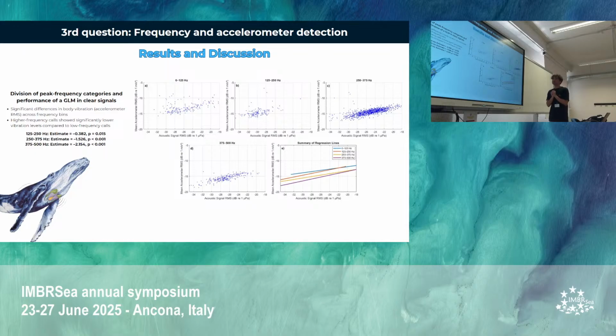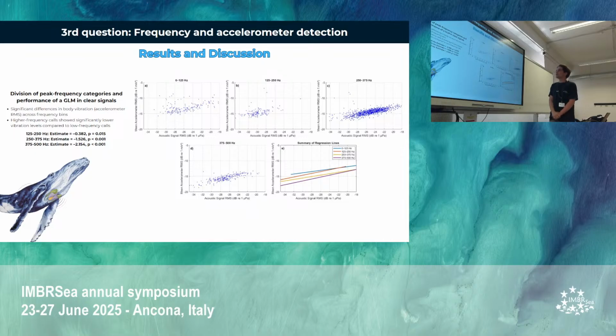Then we go to frequency. To do that, we used the peak frequency, which is where in the frequency we have the most powerful levels of power. We divided these peak frequencies into 4 categories based on ranges, with the lower ones going up to a maximum of 500, which is the limit of the accelerometer.